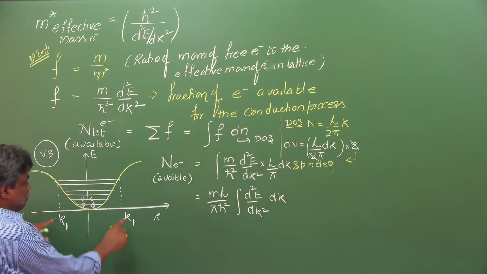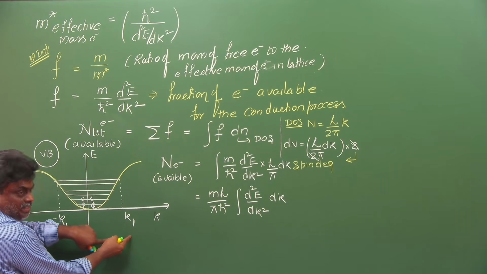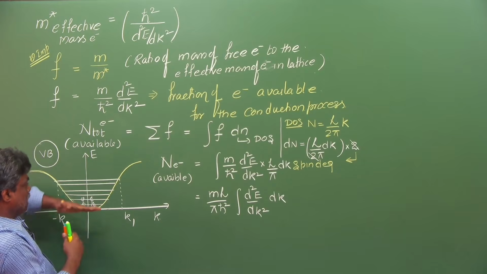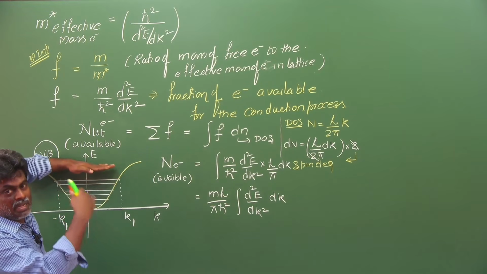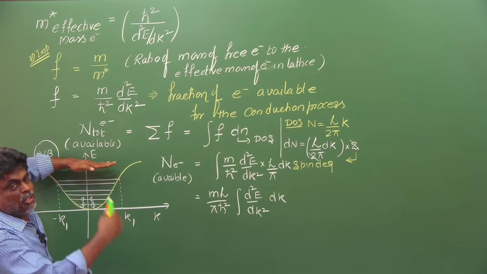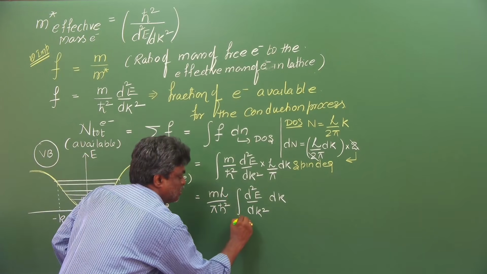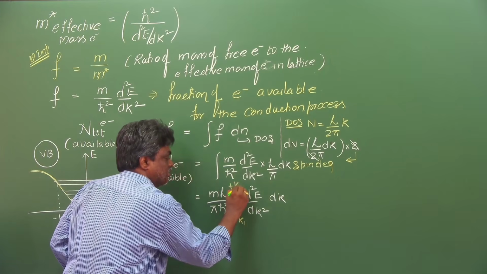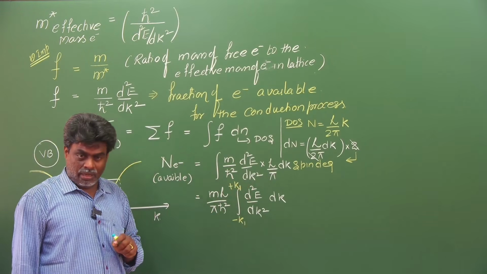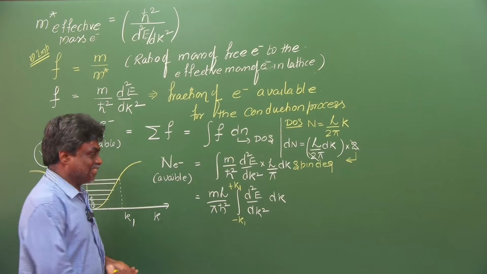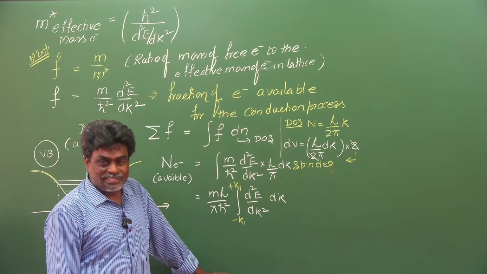I told you, you have taken the k value from where to where? That means you have considered the energy levels completely filled up to a particular k value. Is that clear? That means from where to where? This is an even function.